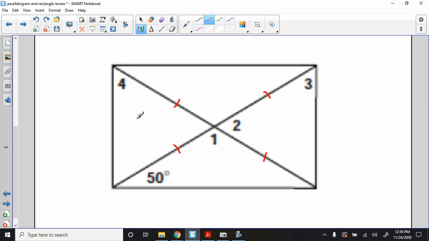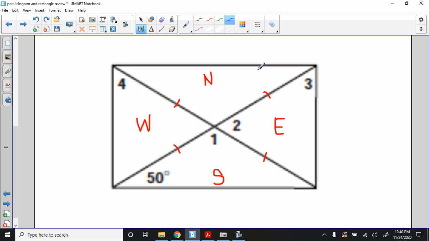And all four of these triangles, the west triangle and the east triangle, are isosceles triangles, and the north triangle and south triangle are also isosceles triangles. Also, the west and east triangles are equal to each other, and the north-south triangles are equal to each other.